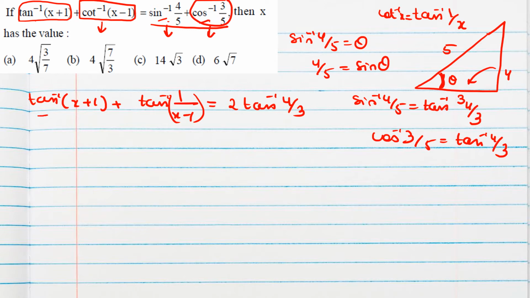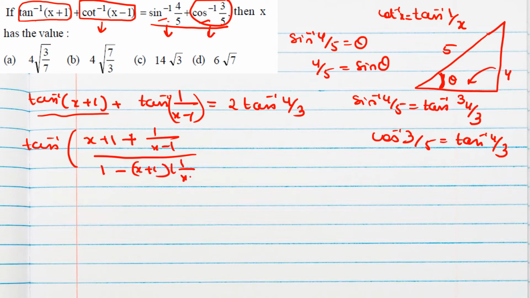Now for this again we can apply the formula, tan inverse of (A plus B) divided by (1 minus A into B), is equal to, for this we have the formula tan inverse of 2 theta divided by 1 minus theta square, so 16 by 9. Simplify this one.